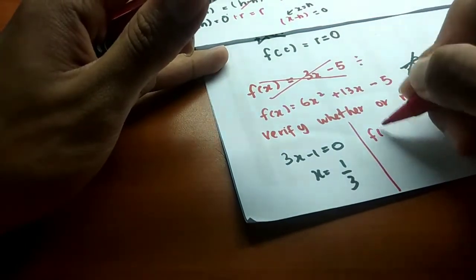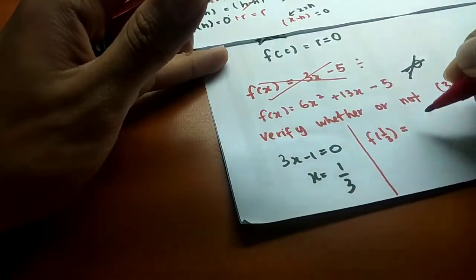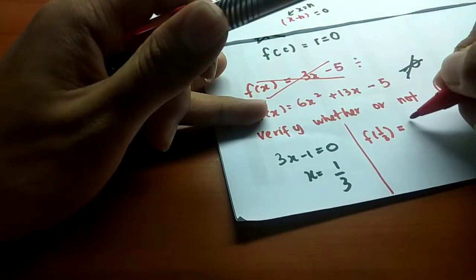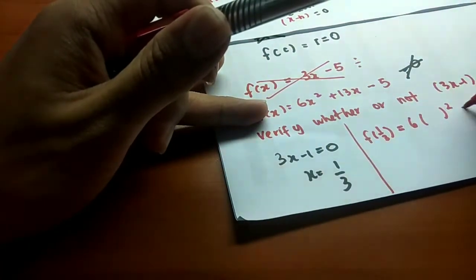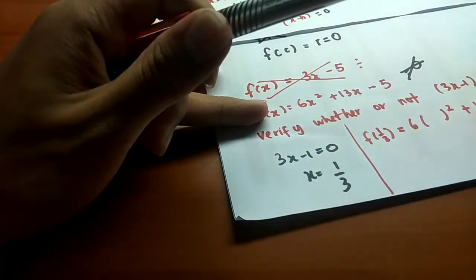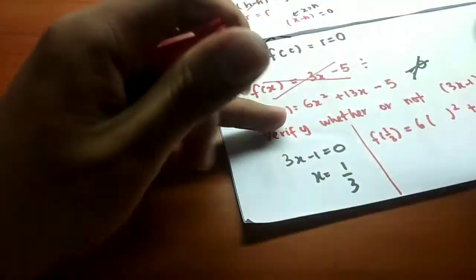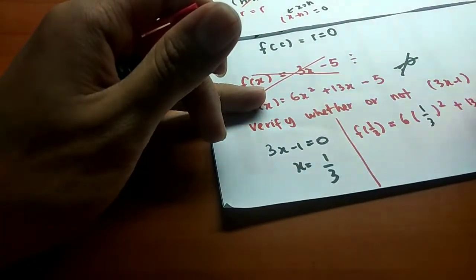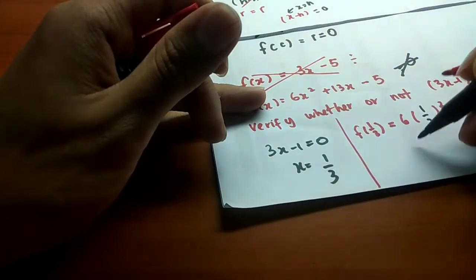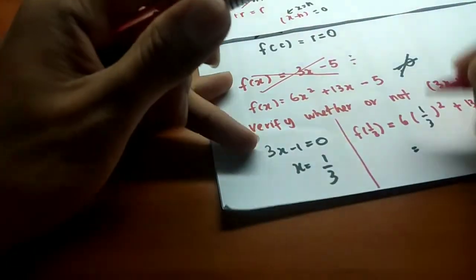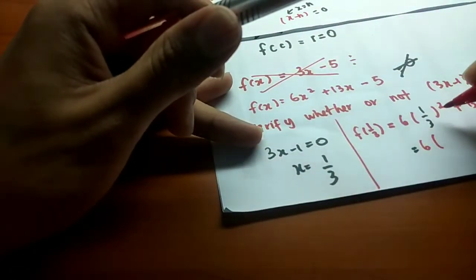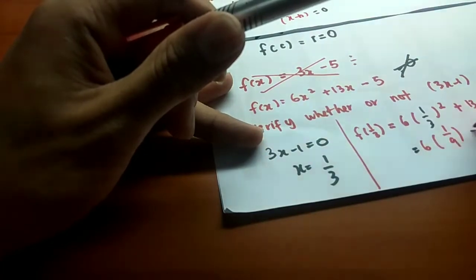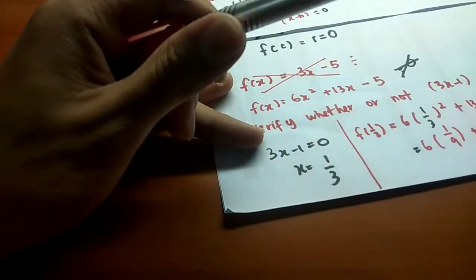So f of 1 over 3 is equivalent to substituting here 6 plus 13 minus 5, 1 over 3, 1 over 3. So 6 times 1 over 3 squared is 1 over 9, plus 13 over 3 minus 5.